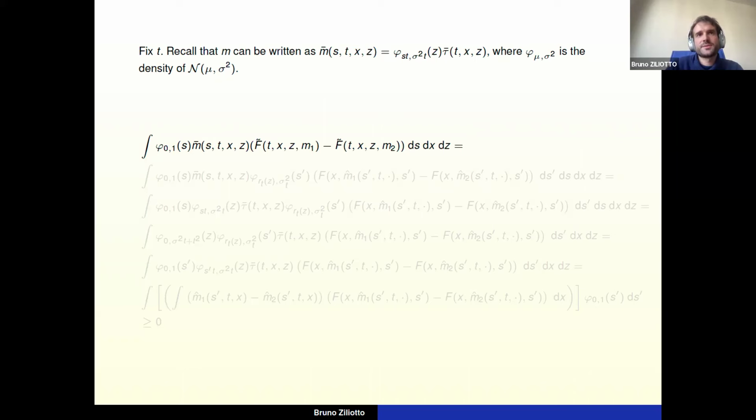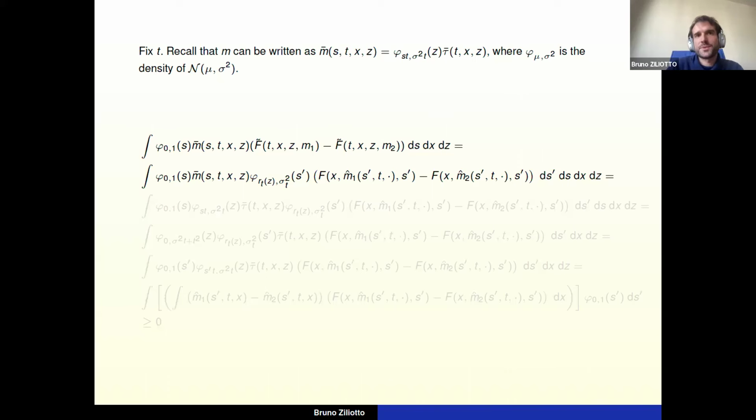The first step is to develop f tilde. We recall that f tilde is an expected cost, so we can write it again as an integral with respect to S prime, and the density associated to this measure.